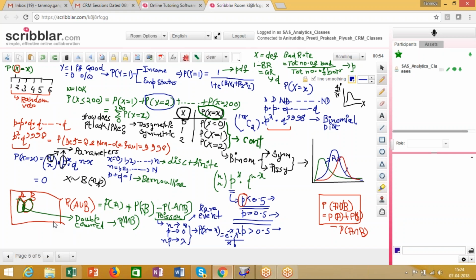Okay. So now from here we will move into the concept of continuous distributions. So what is the most basic form of a continuous distribution that we had talked about? What is the most basic type of a continuous distribution that we have?